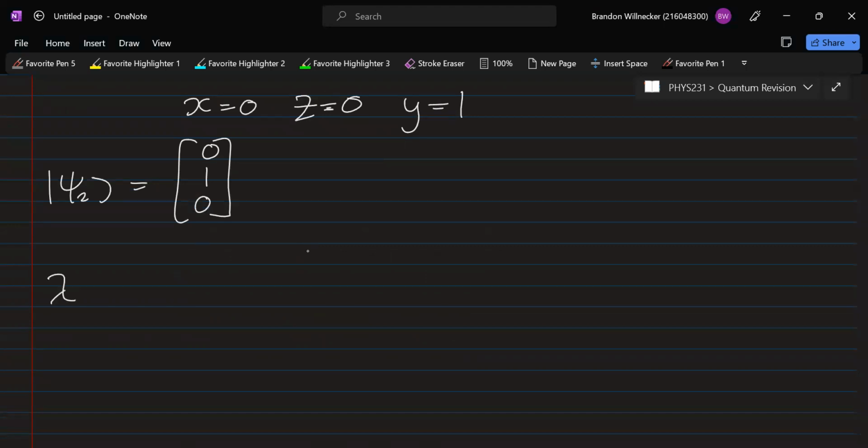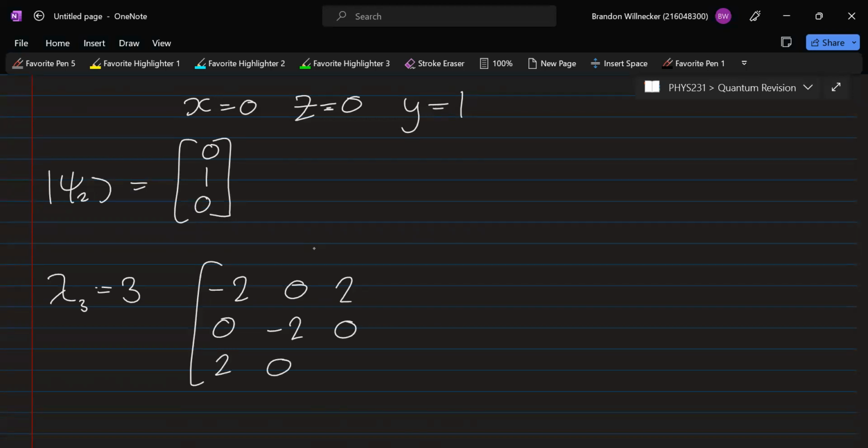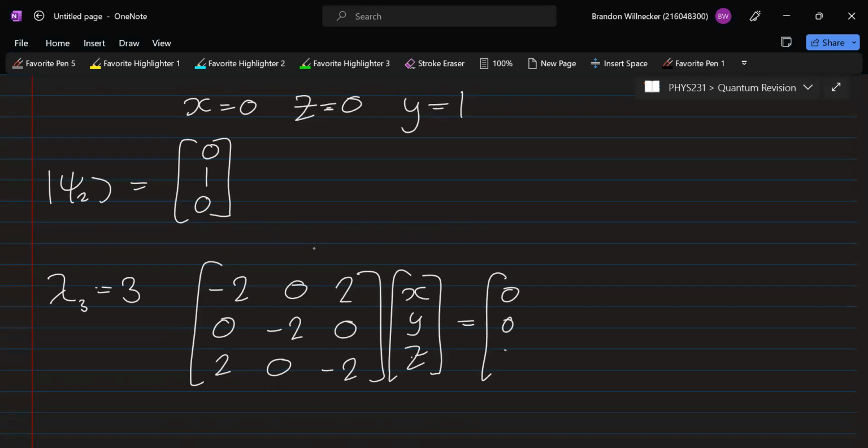Okay, we can do the same thing with lambda 3, which is equal to 3. Substituting this into that expression above, we end up with -2, 0, 2, 0, -2, 0, and 2, 0, -2 times x, y, z is equal to 0, 0, 0.